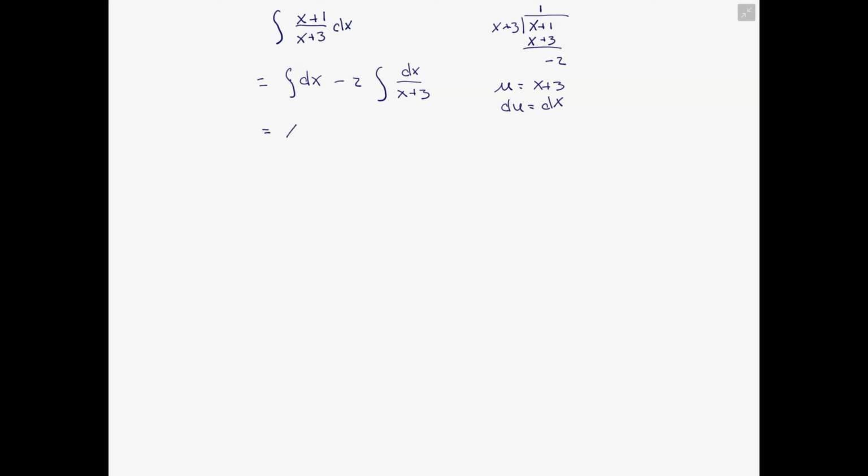We use u equals x plus 3, du equals dx, and we have x minus 2 du over u, which is equal to x minus 2 natural log of u, but u is x plus 3, plus c. So that was a pretty simple one. We've done those.